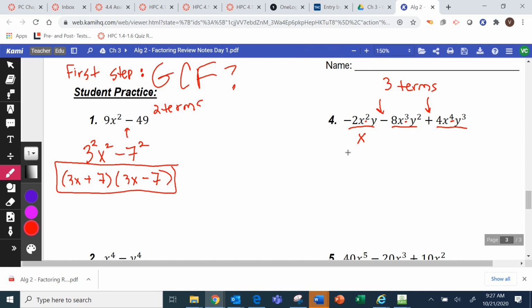We've got 2 of them, 3 of them, 4 of them. So if I've got a group of 2, a group of 3, and a group of 4, if I were going to line them all up and match up, how many would match up for each group? They all have 2 in common.